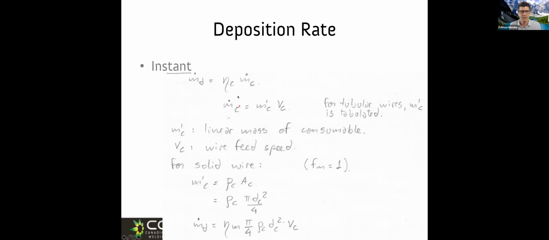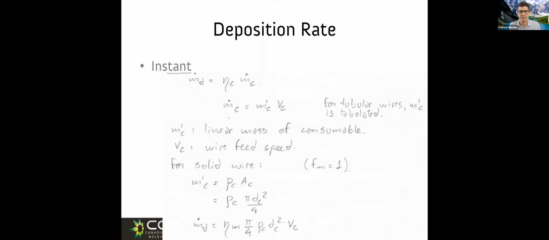Now, I suggest to express this amount of mass that comes from the electrode in two parts. One is the linear mass of the consumable, how many kilograms per meter of consumable we have, or how many grams per meter of consumable, that is typically tabulated in the commercial literature.